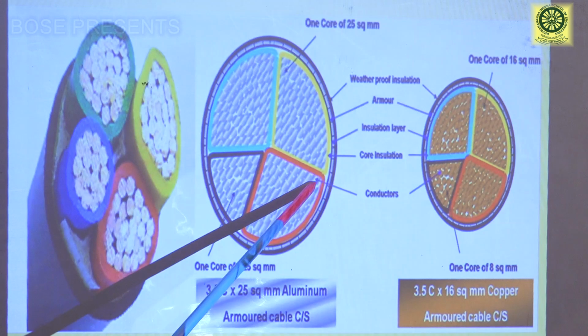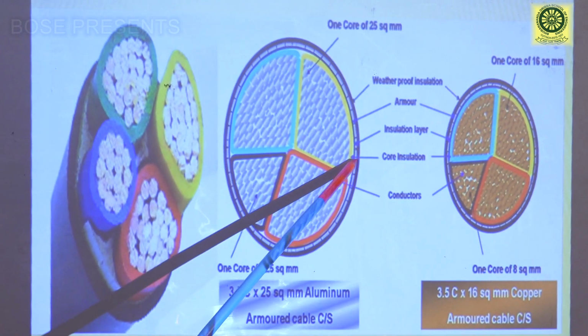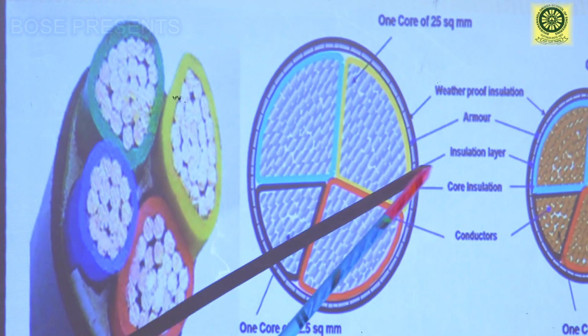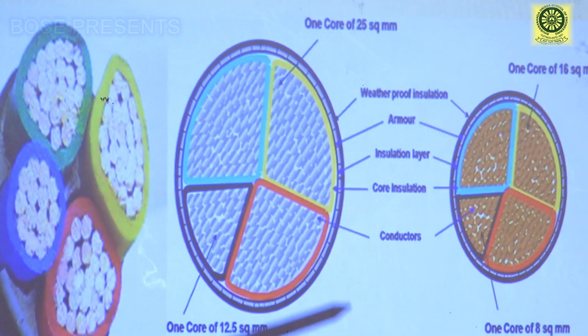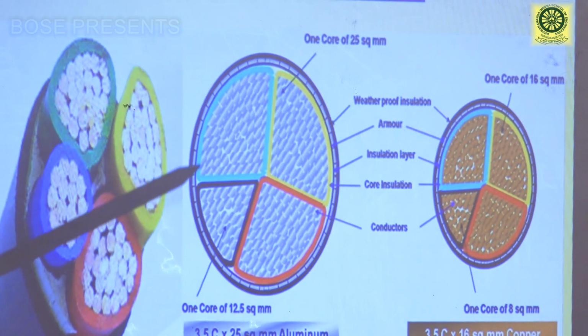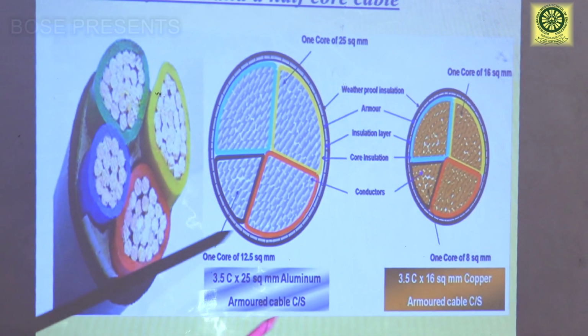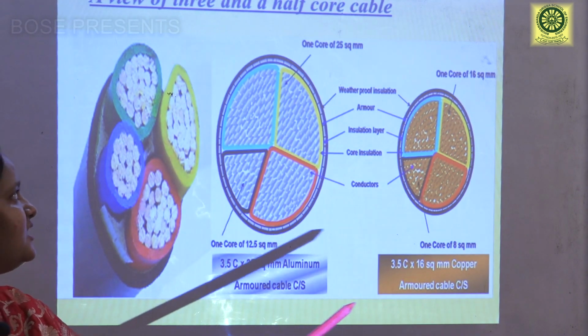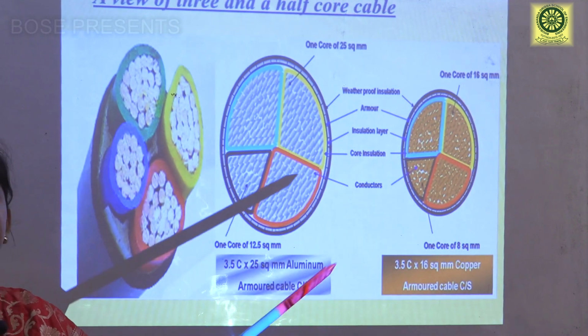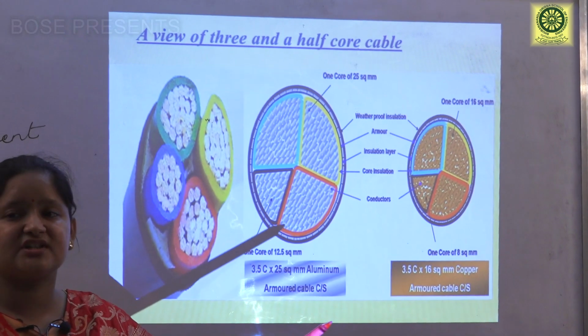Now here these are the conductors. This is the core insulation. This is the insulation layer. This is the armoring. Why is armoring done? This is to protect the cables from mechanical damage, and the steel armoring also withstands very high temperature, so it does not melt easily during very high temperature conditions.